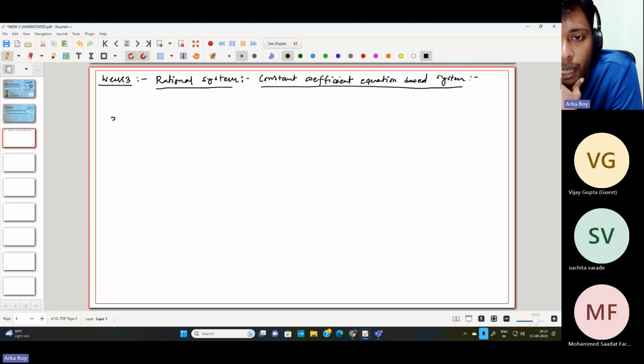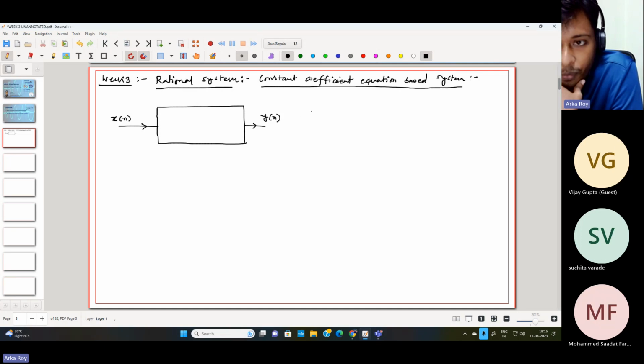So let us consider we have an input signal, that is x[n], and it has basically passed through a system. Currently the system is a black box. We don't know what is inside the system, and the output is y[n].